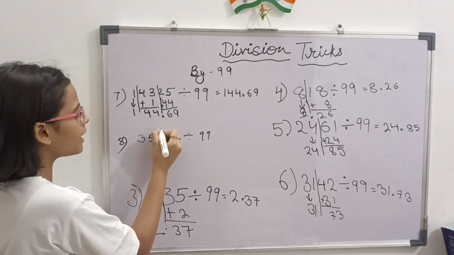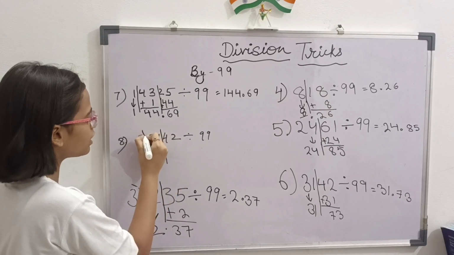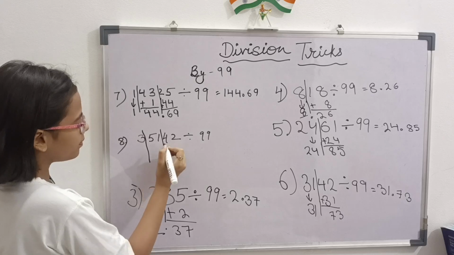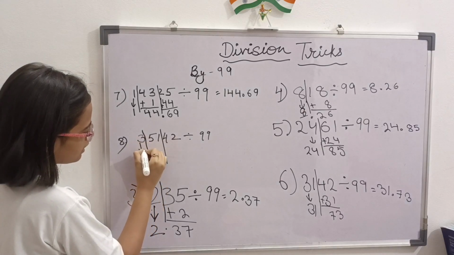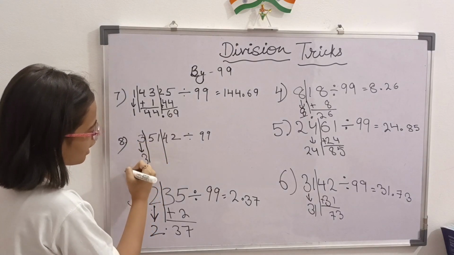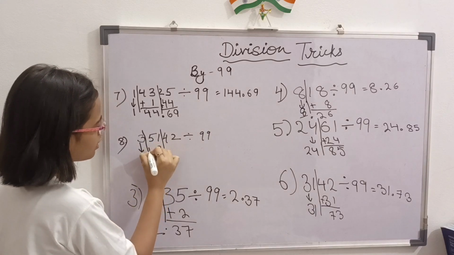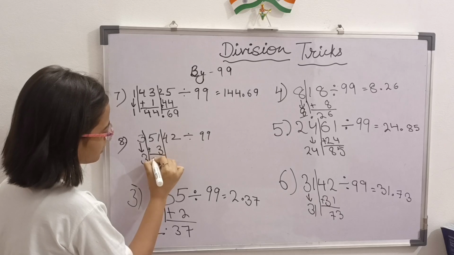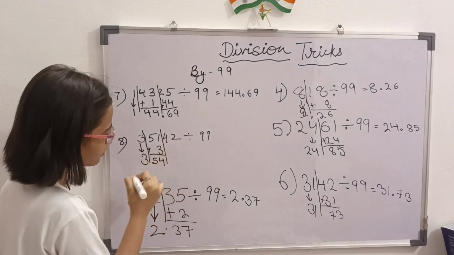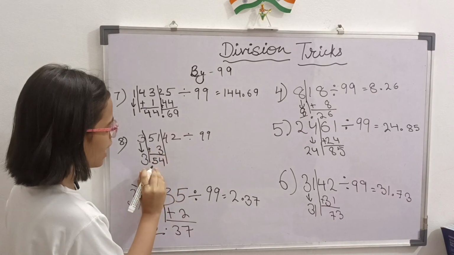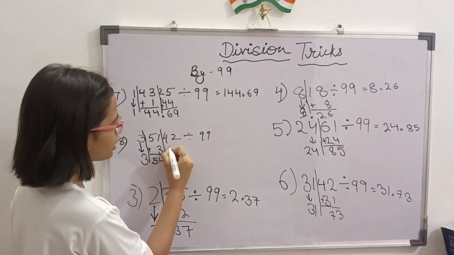So our next number is also a 5-digit number. So we have to make two partitions after leaving two digits. Then we write this 3 as it is and add this 3 to 51. Then we get 54. And we have to add this 54 to 43.